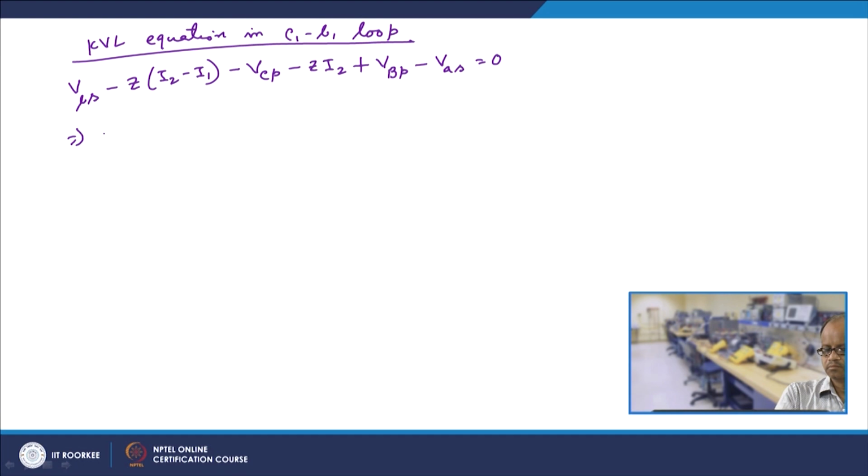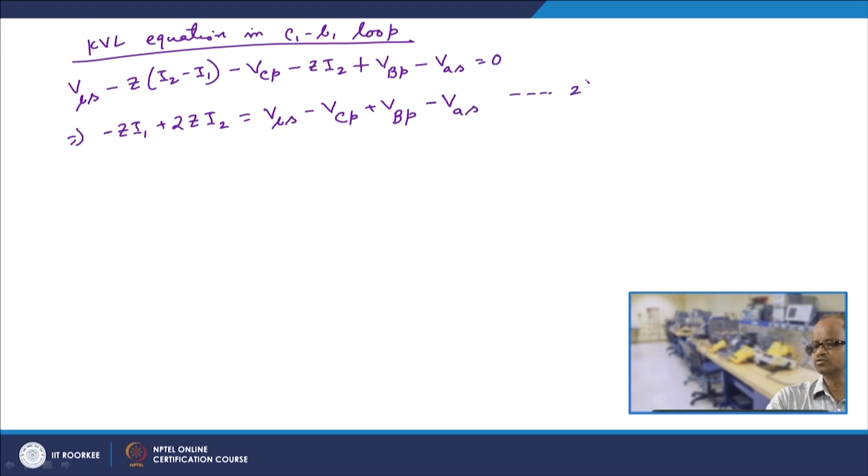So then therefore minus ZI1 plus 2ZI2 is equal to VBS minus VCP plus VBP minus VAS. So this is equation 2. Solve equation 1 and 2. So once we solve equation 1 and 2, we do 1 into 2 plus 2. So what we get? 1 into 2 plus 2.